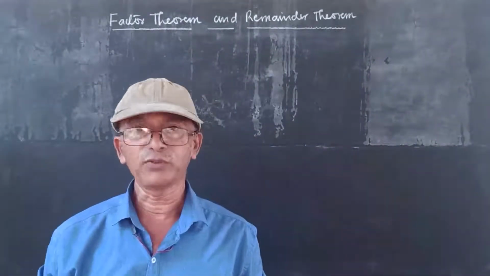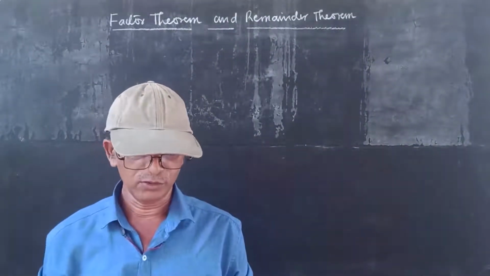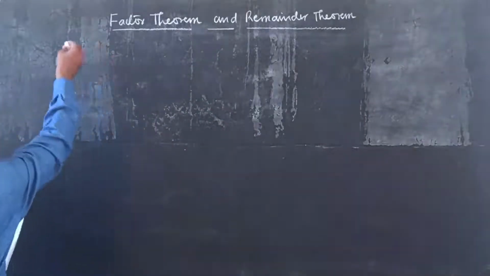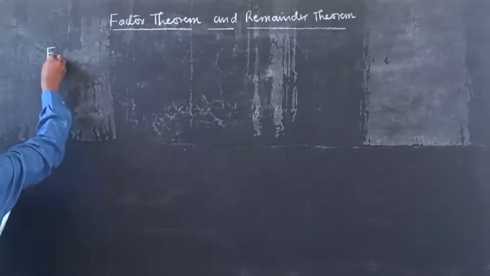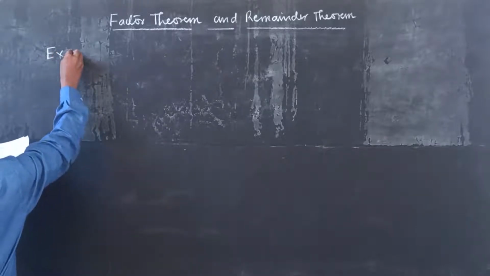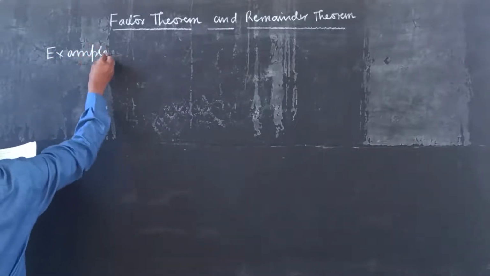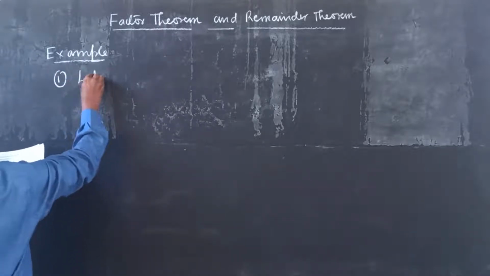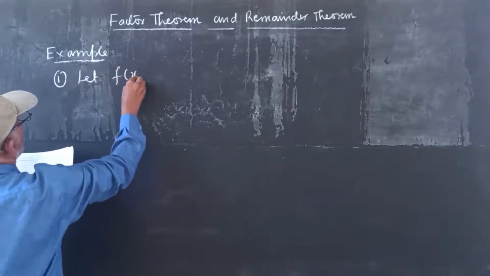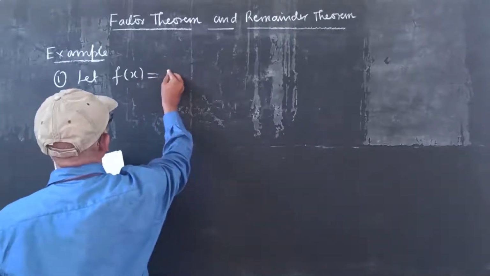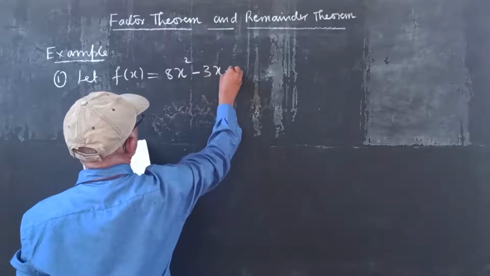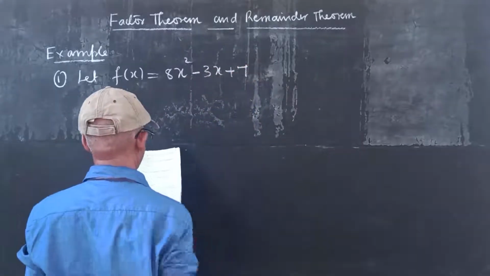Now, after knowing the value of a polynomial f(x) at x is equal to alpha, we shall take some examples which strengthen the concept of value of the polynomial. Example number 1. Let us take the polynomial f(x) is equal to 8x square minus 3x plus 7.